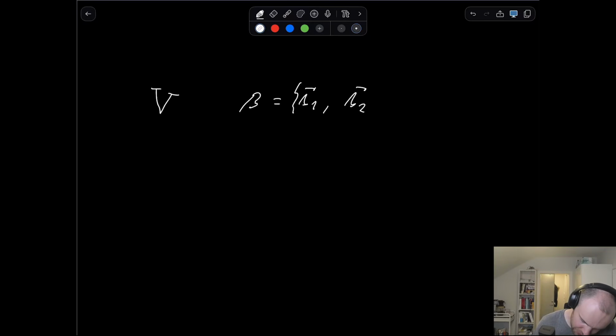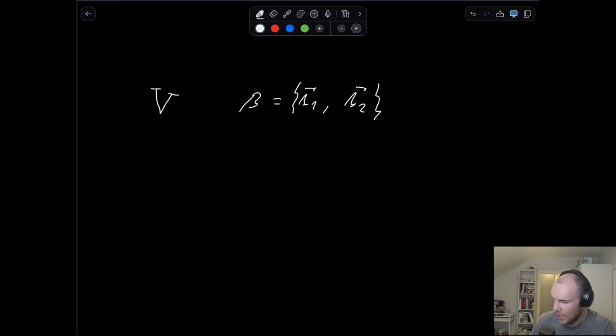What we had the last time is that we wanted to find the B coordinate for some given x. So we have a vector space V of some kind. You could say that our basis defines the vector space, but of course it also enforces a coordinate system onto V. So let's say it's just B1 and B2.